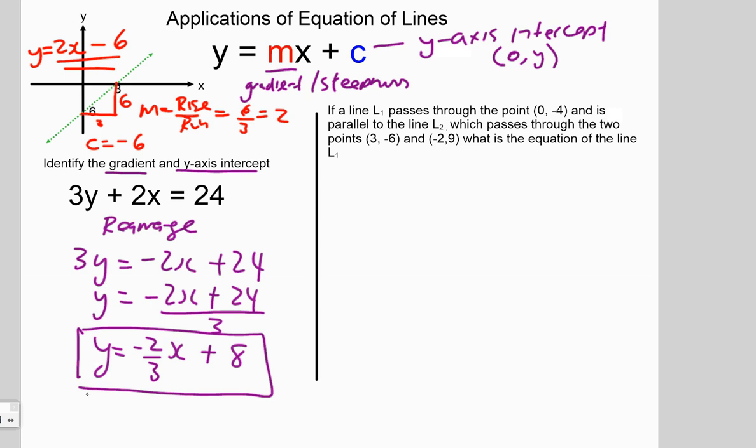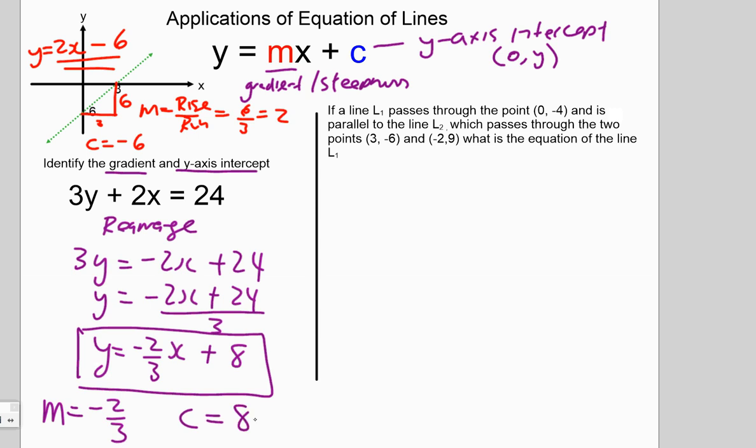Now, the classic mistake is people will say the gradient is minus 2 over 3 x. That's not true. The gradient never has the x in it, so it's always just minus 2 over 3. And we know that the y-axis intercept, where it passes the y-axis, is at 8.